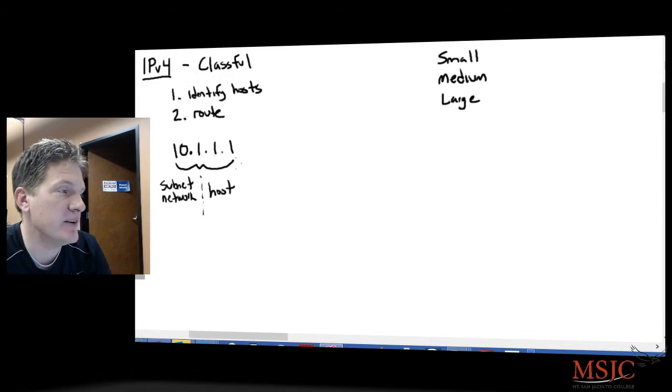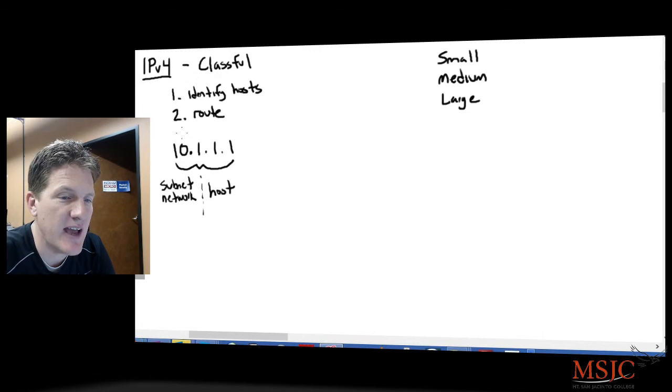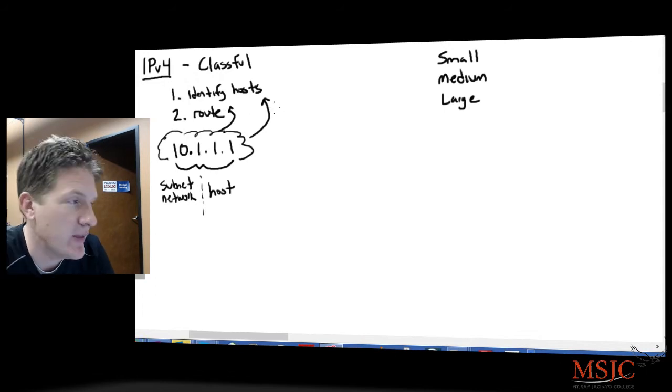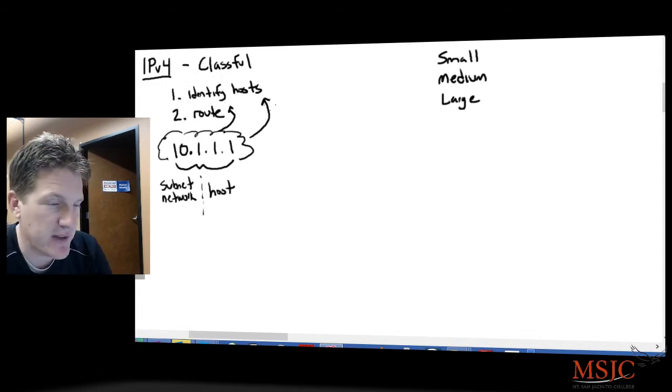So there had to be a way to differentiate, so that we would know which part of this address took care of identifying the host and which part was responsible for routing to that host. So that's what they had to come up with.